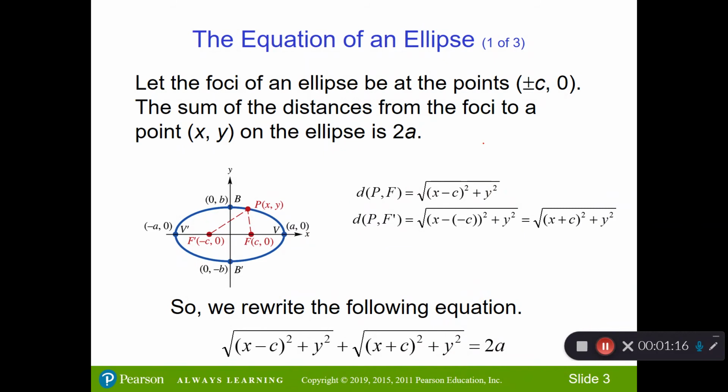So our equation of the ellipse, how do we get to it? Well, let's discuss this briefly. Remember that I said it's like tying a piece of string to these 2 points and pulling it tightly, so the sum of those distances remains a constant. Imagine that I pulled the string, this point P, over here to A. Then I'd have this distance here, which is symmetrically the same as that distance there.